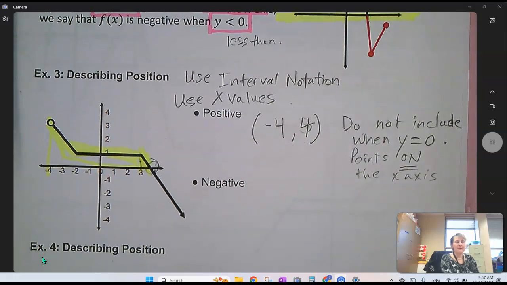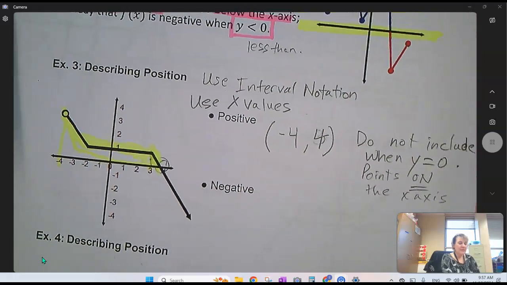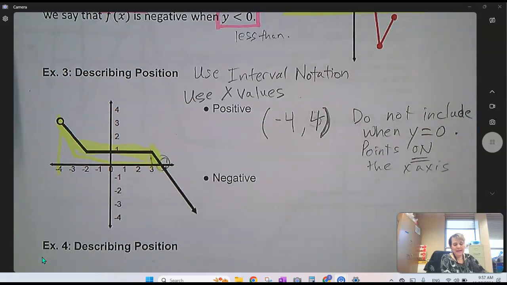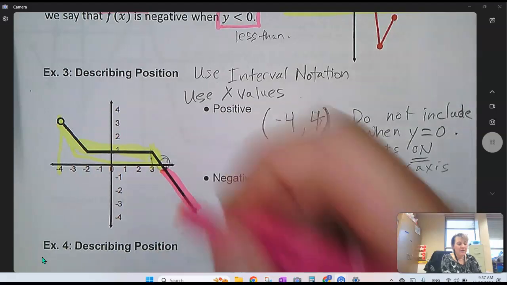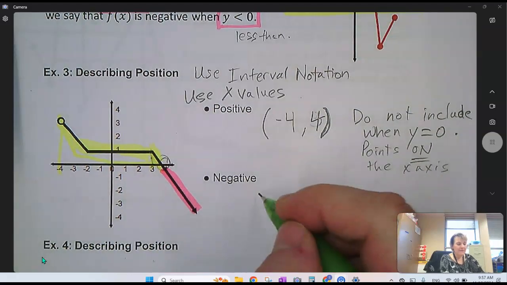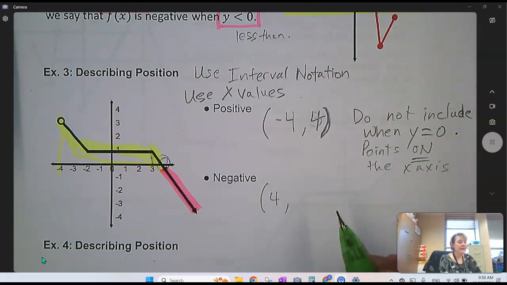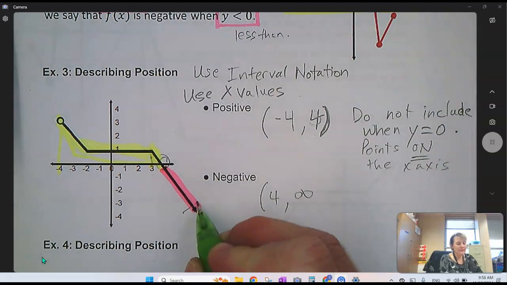So don't include them because they're not positive or negative. That's why we have the open bracket. Negative from here down. So again, we're going from 4 to positive infinity. Arrow means infinity.